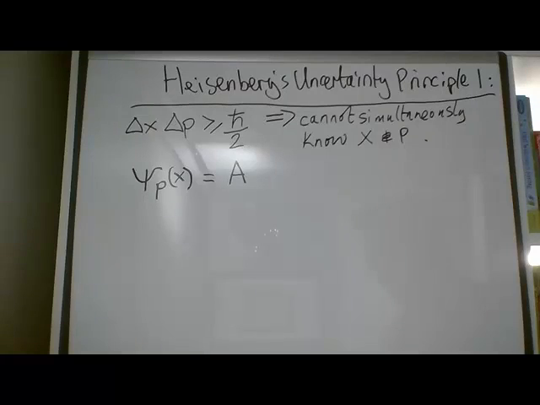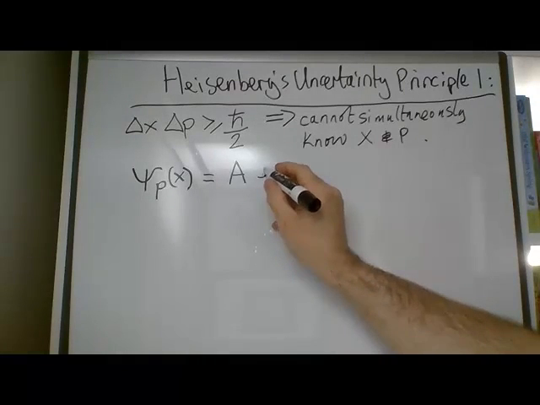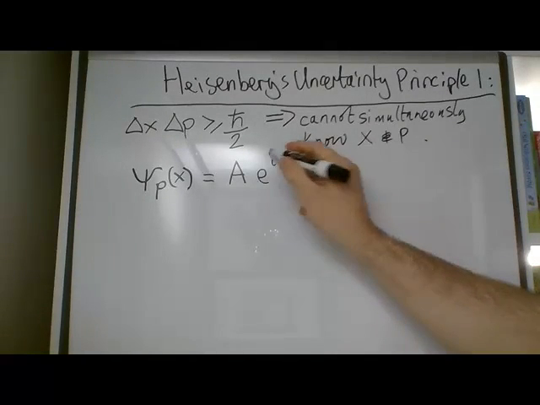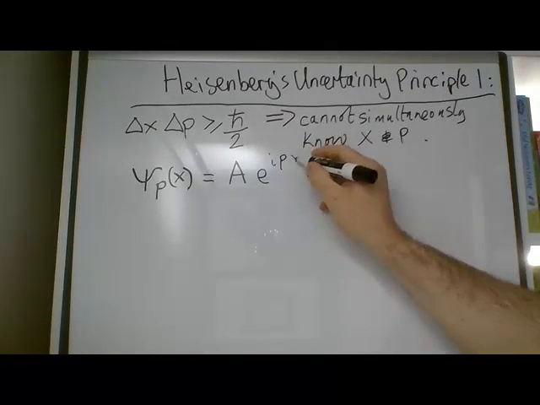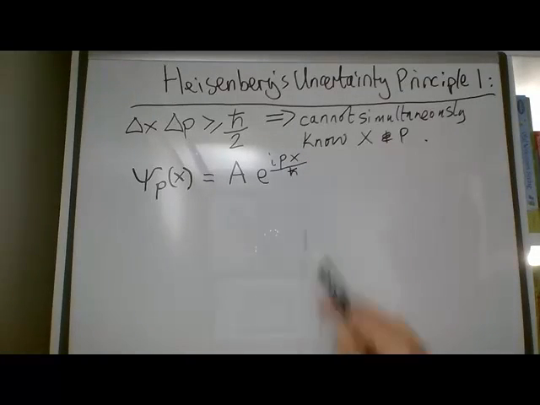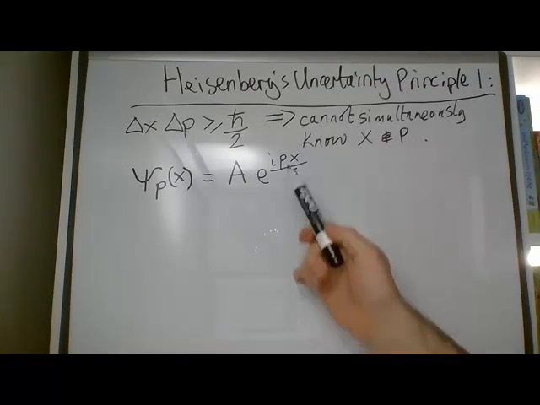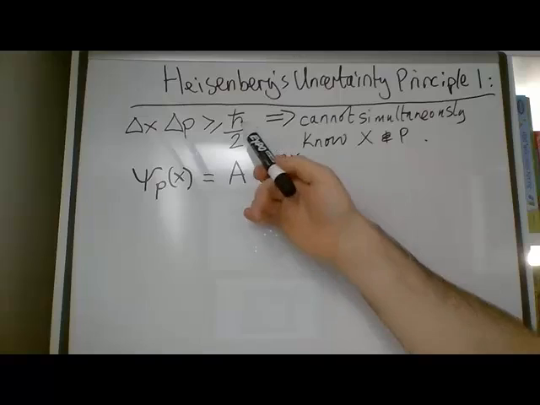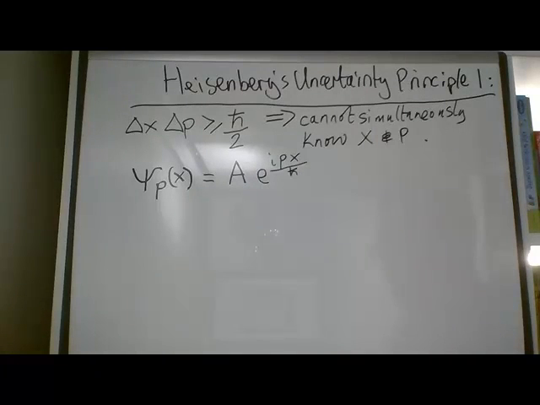But this constant has an exponential factor, e to the i px over h bar. i here is an imaginary number, p is momentum, x is position, and h bar is a very small number, the same h bar as we saw up here.